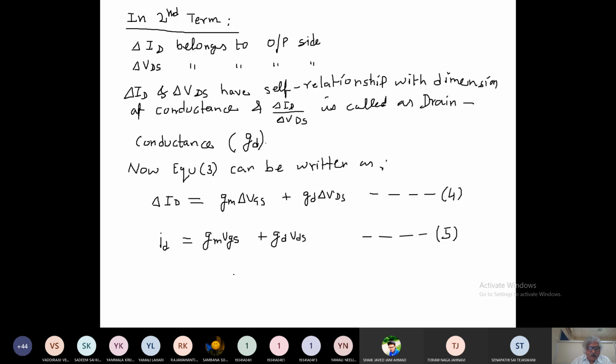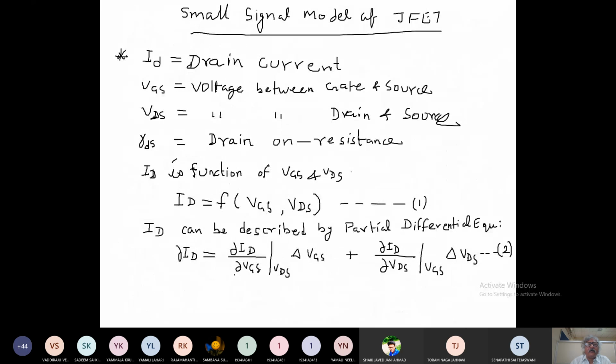Here we have written RDS, drain to source.